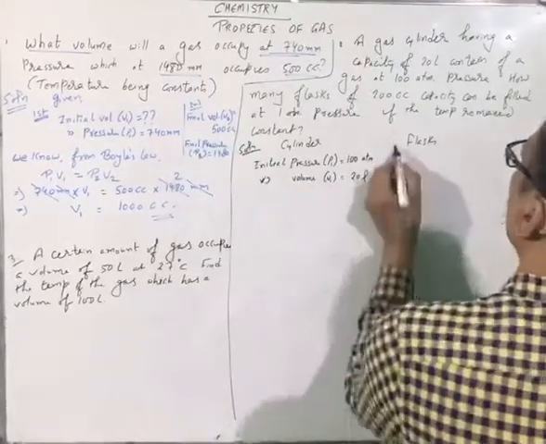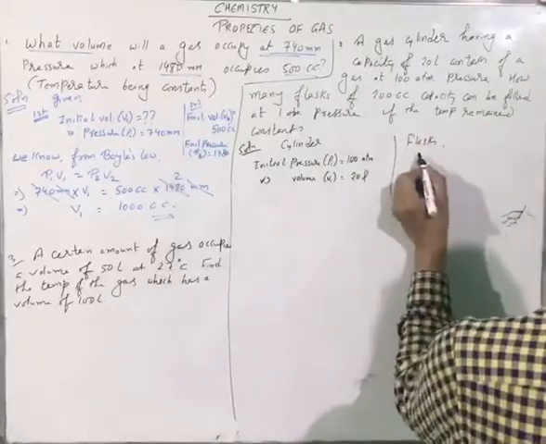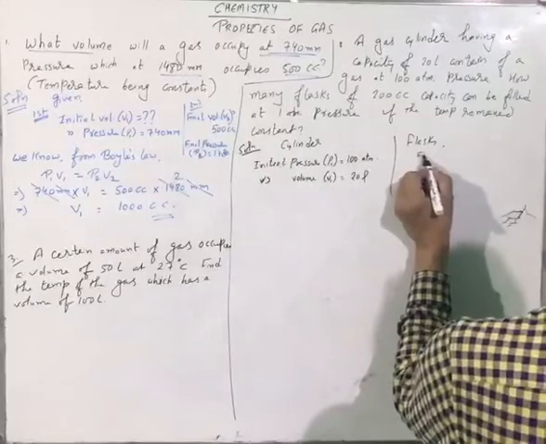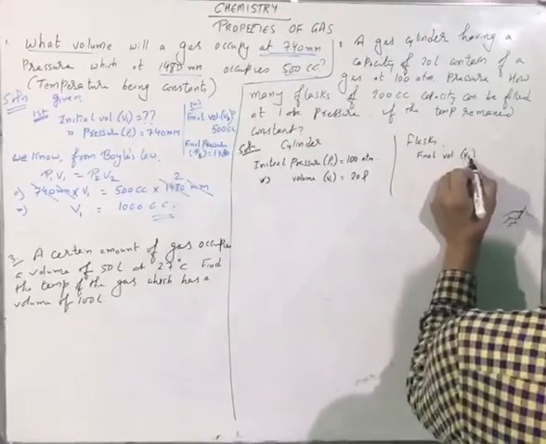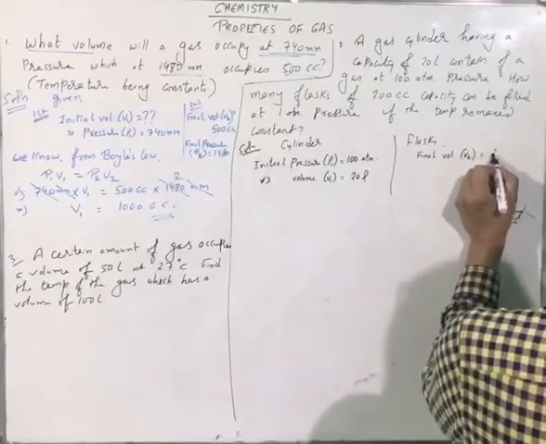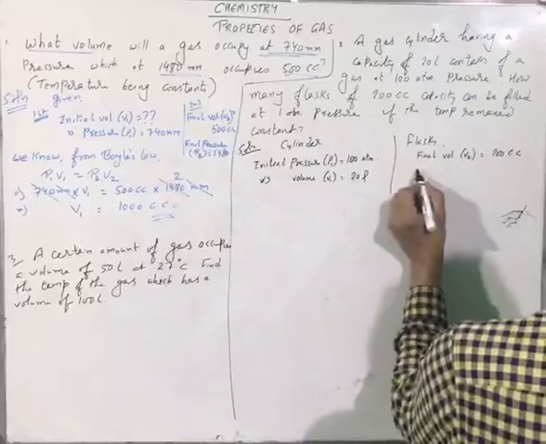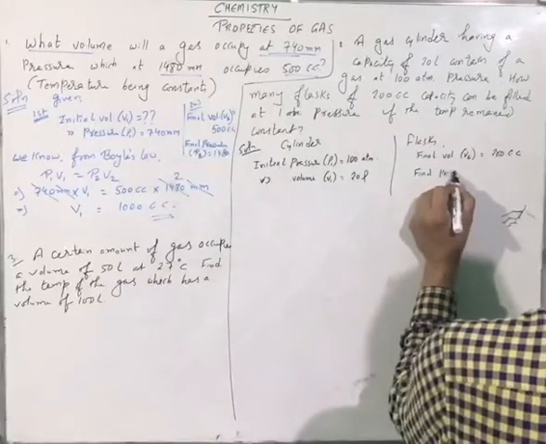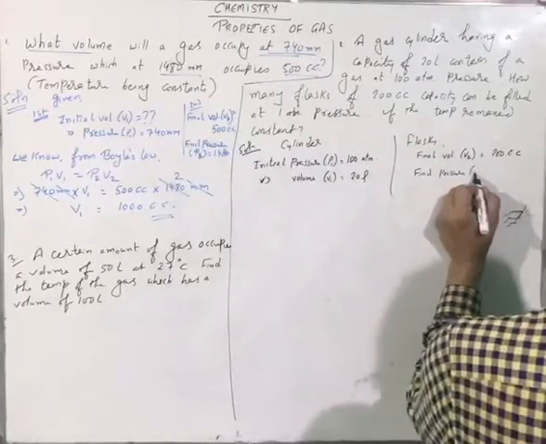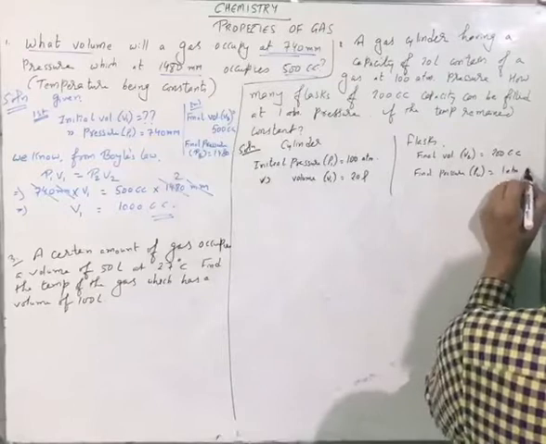This is in the case of the cylinder. In the case of the flask, that is the final volume, V2 equals 200 cc, and the final pressure is 1 atmospheric pressure.